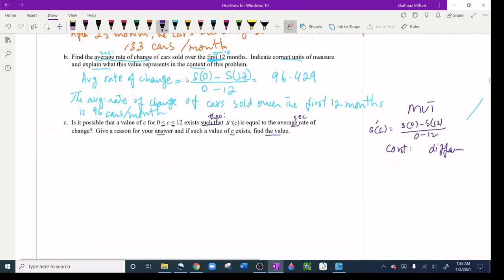And -2 is not between 0 and 12. So the graph of this function is continuous on 0 to 12. It's only discontinuous at -2.